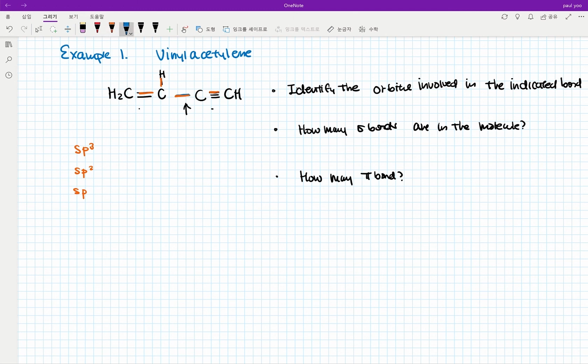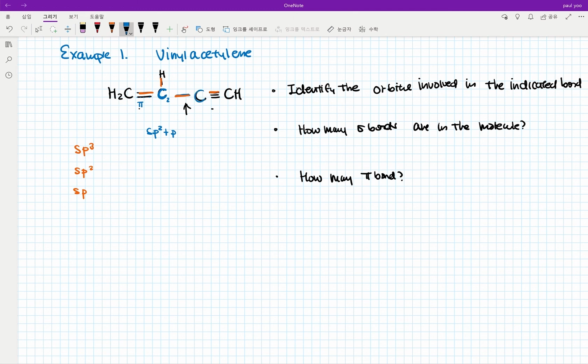So from the point of view of this carbon 2, it has one pi bond from the double bond, so it's sp2 plus one p orbital from the pi bond.